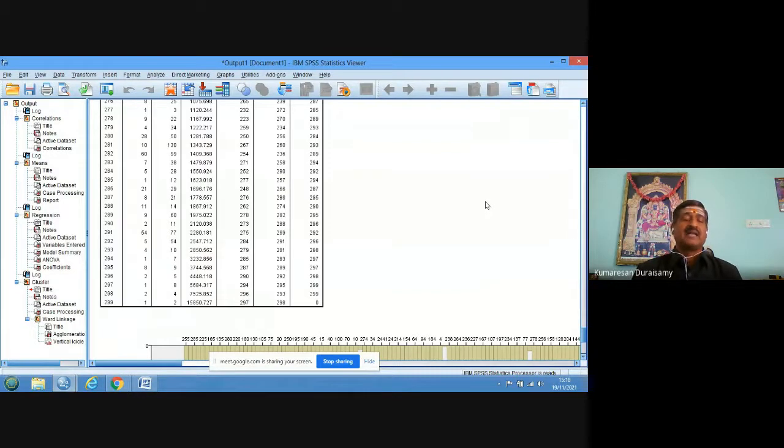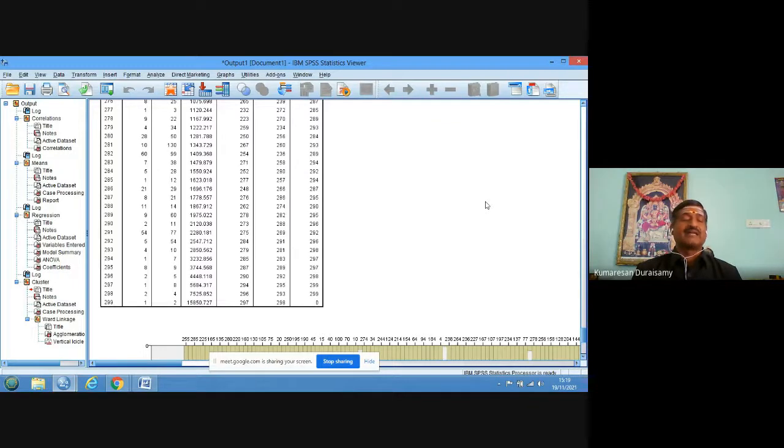Here, the number of clusters to be formed is equal to the number of samples, that is 300, minus the number of the stage up to which we have greater coefficients.